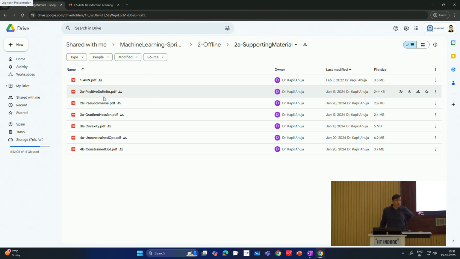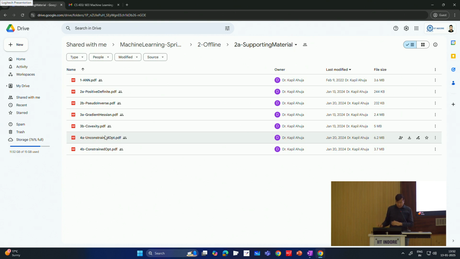In 3A and 3B, this is introductory optimization, or you can say multivariable calculus. And then we'll see a little bit of unconstrained optimization today. Then we'll finish the 2 regression lectures, and next week onwards we start support vector machine. There I'll take another lecture on optimization, which will be slightly more involved than today's.